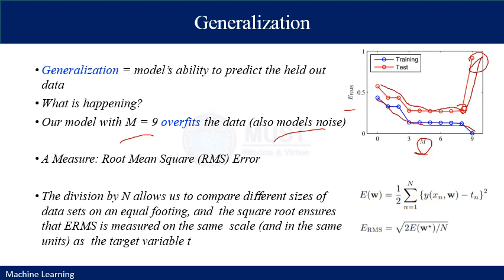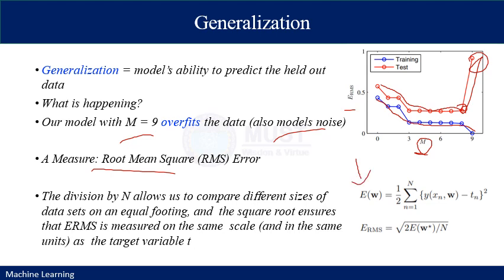And a good measure is to use an acceptable level of complex model so that your generalization is not underfit or overfit. So in this case we used root mean square error.